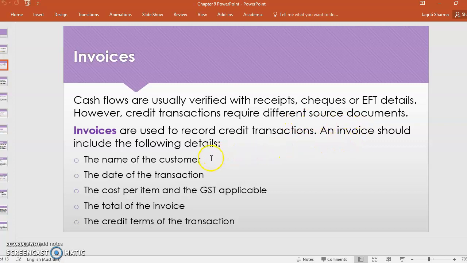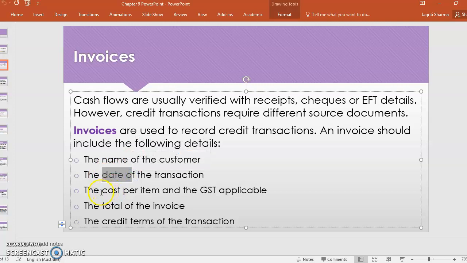Invoices should include the name of the customer, date of the transaction, cost per item and GST applicable, total of the invoice, and the credit terms if any.